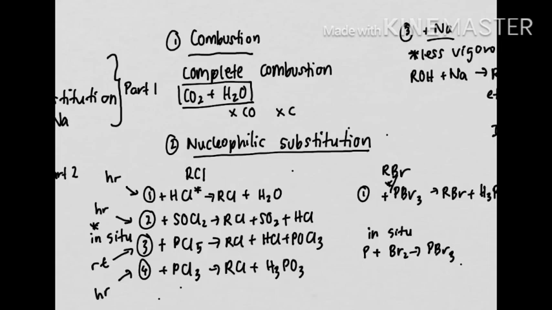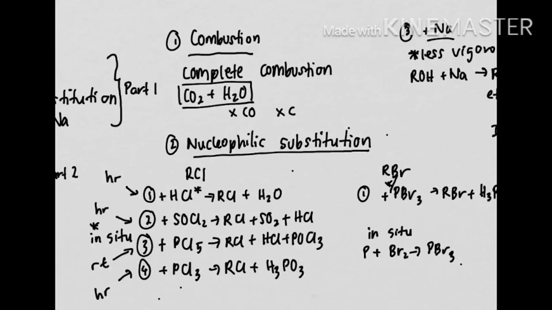Now, when you have alcohol, this alcohol can actually react with certain reagents to give you halogenoalkanes. We have three types of halogenoalkanes in your syllabus.